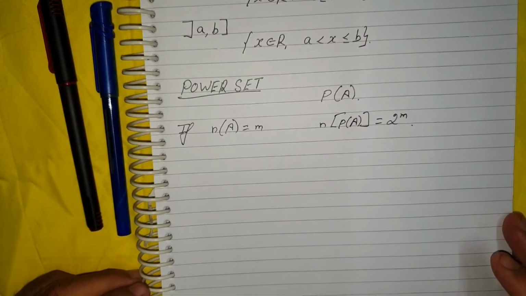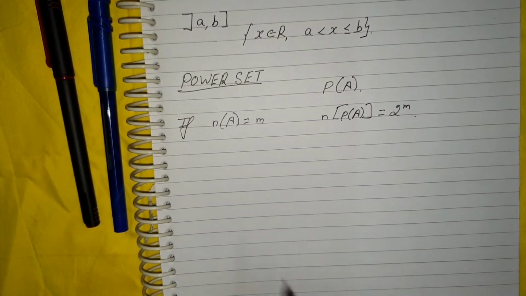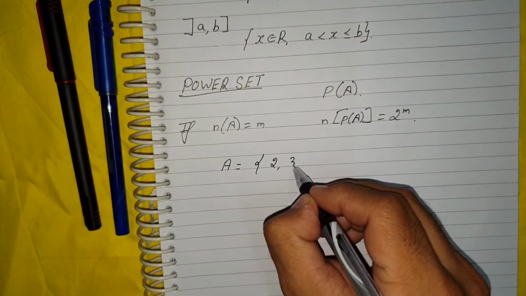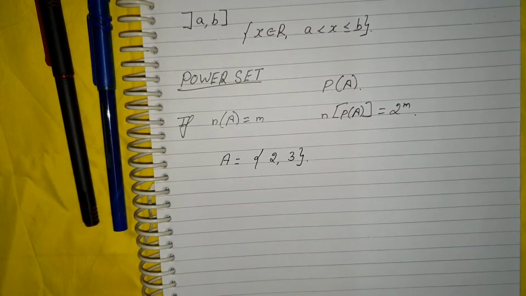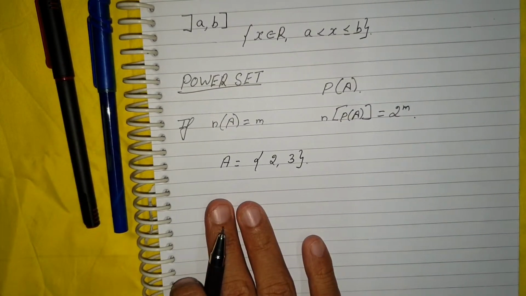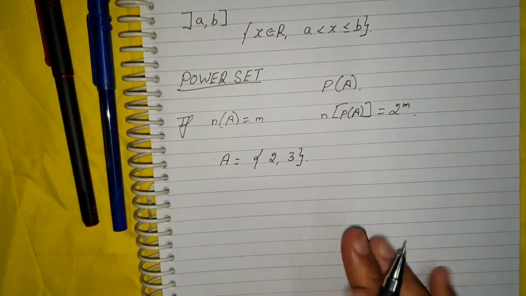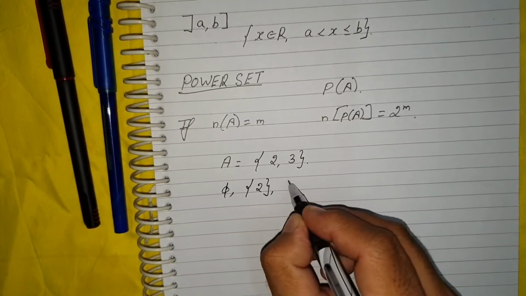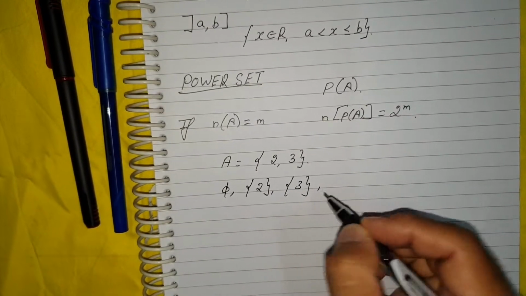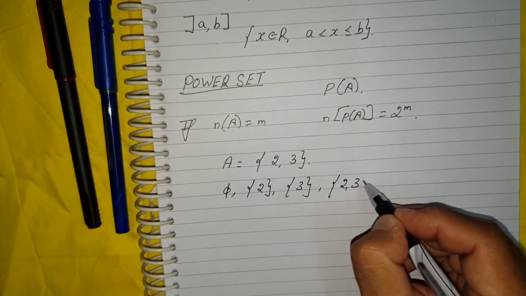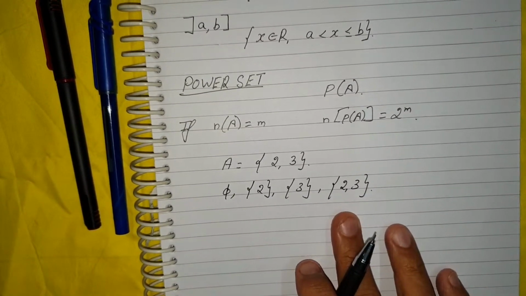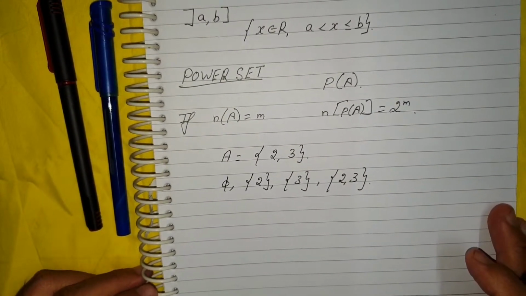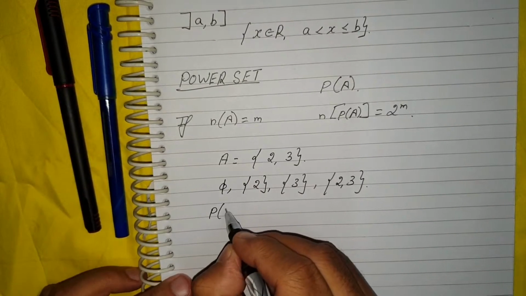Now for illustration we can take an example also. Now suppose the set A is {2, 3}. Okay, so the subsets of A will be the empty set, {2}, {3} and {2, 3}. So these are the subsets of the set A. Okay, now what will be the power set of A?